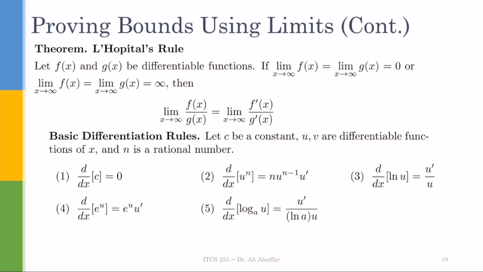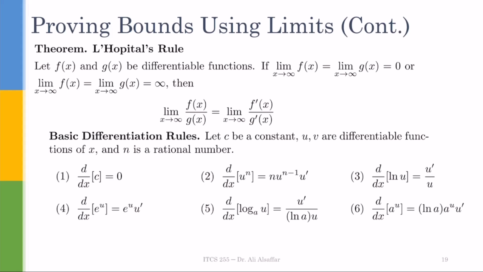Now log is similar to ln, except that the bases are different. This is log of base a and this is base e. So the derivative of log base a of any function is equal to the derivative of this function divided by ln a multiplied by this function.